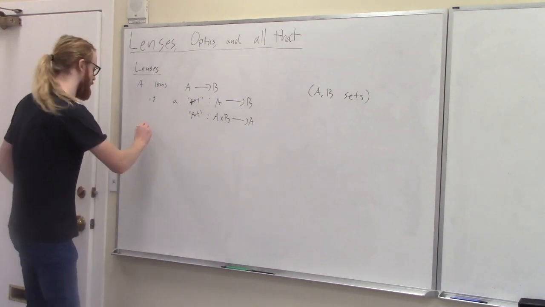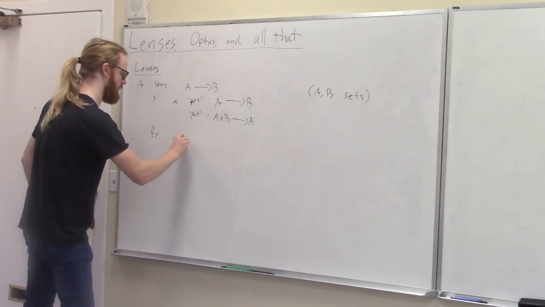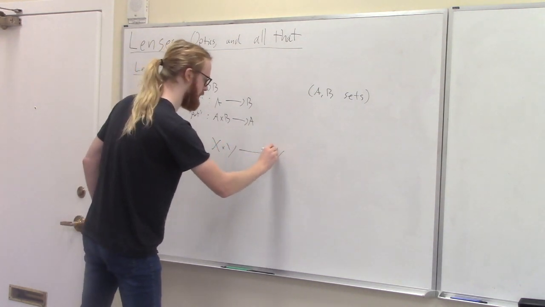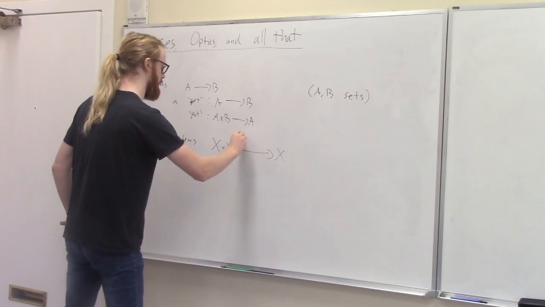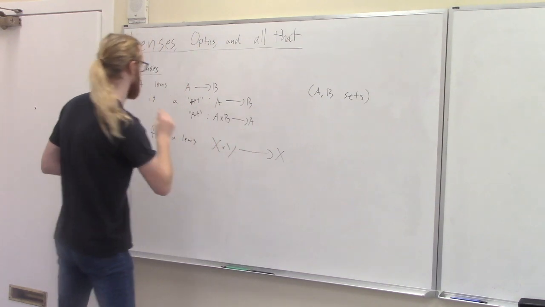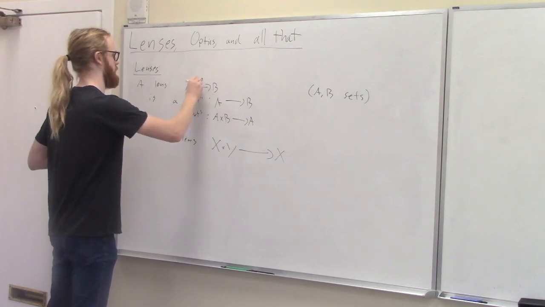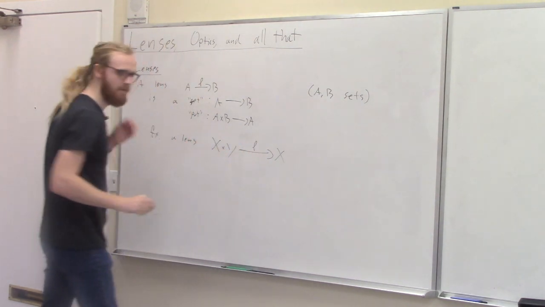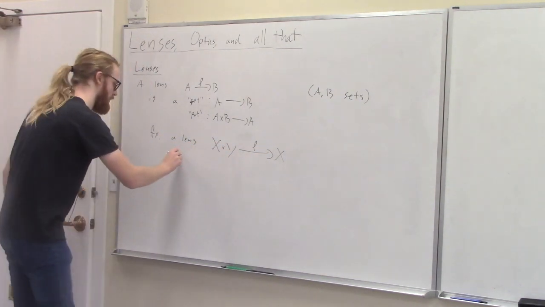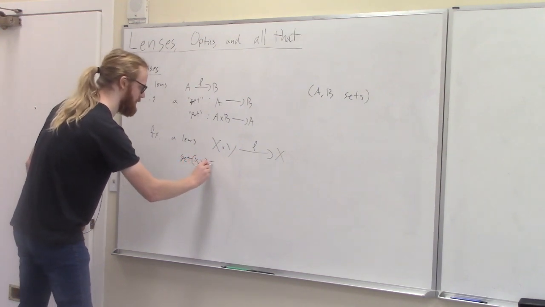So for example, there's a lens from x times y to x, where the get of x comma y is x.